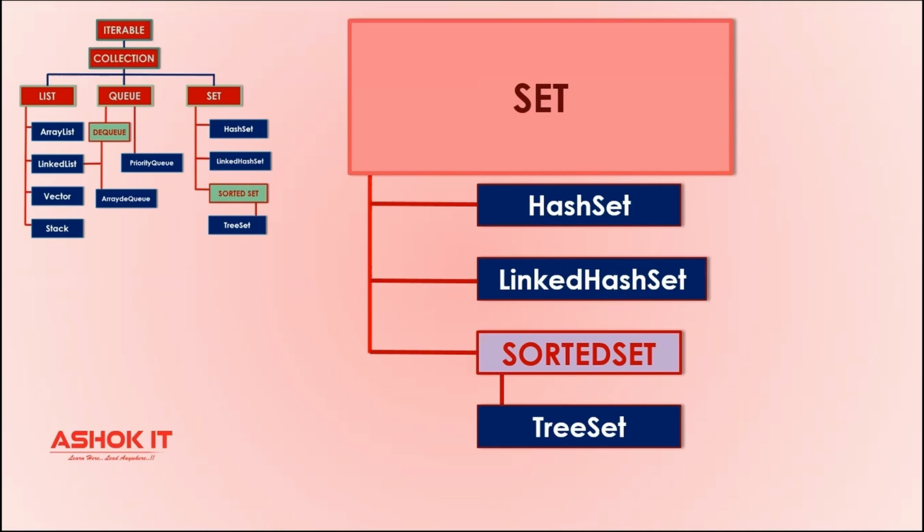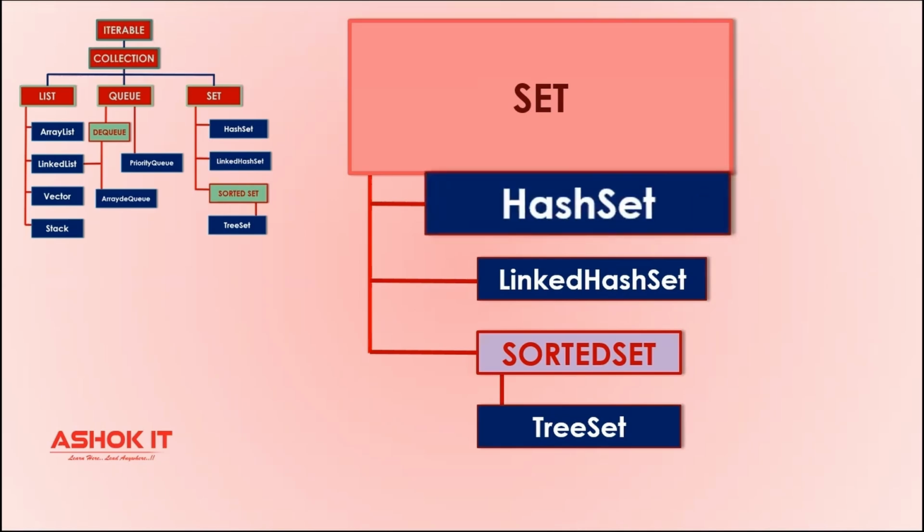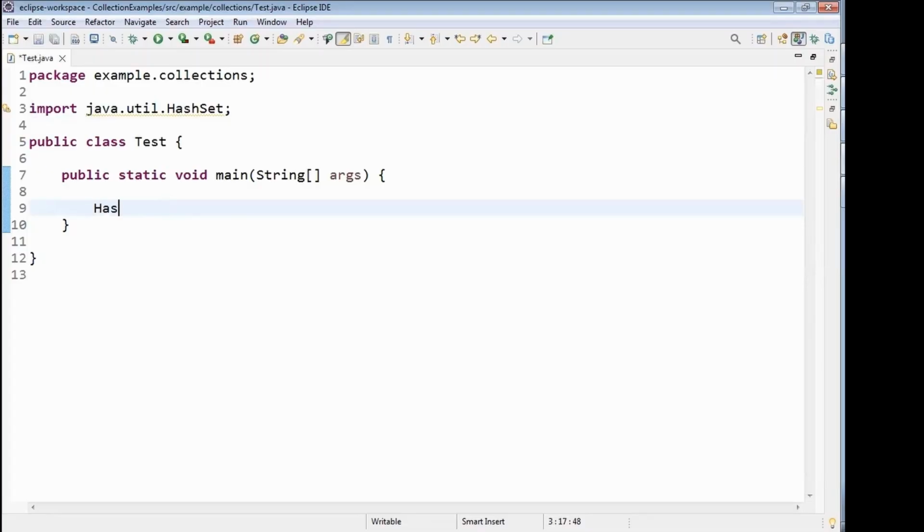First we will be seeing the HashSet class in practical in Eclipse IDE. Create an object for the HashSet. I'm creating the object for HashSet as HS, and then to this object HS, I will be adding elements. Before adding elements, I need to also give the type. So I am using the wrapper class Integer to give the type of the HashSet, and on both the sides we need to mention the type like this.